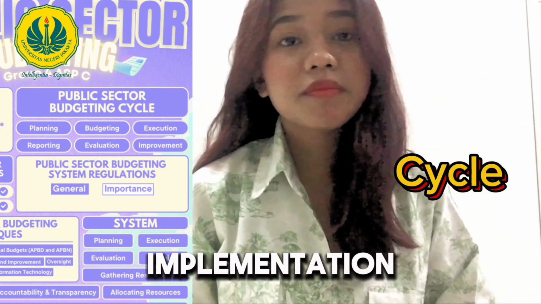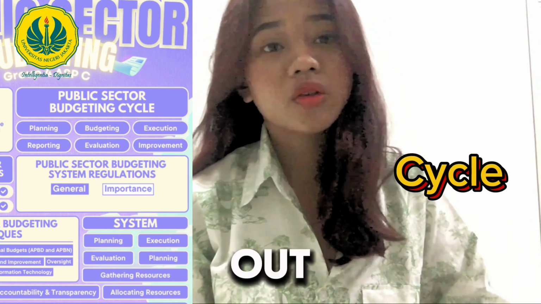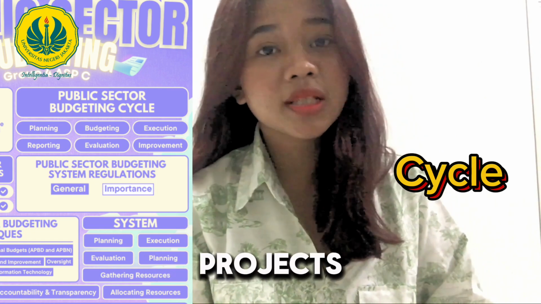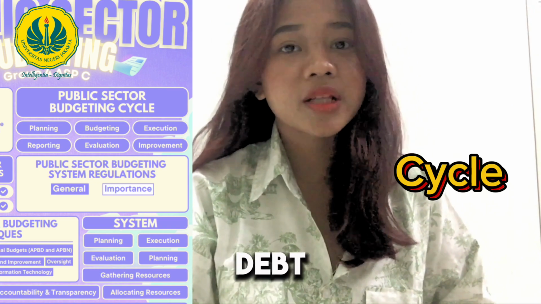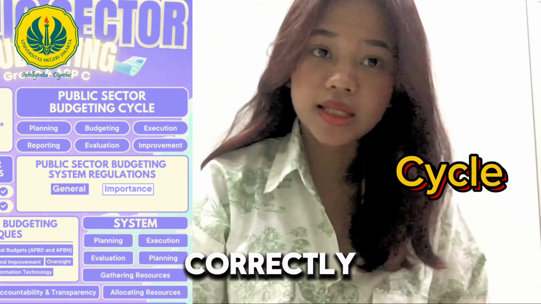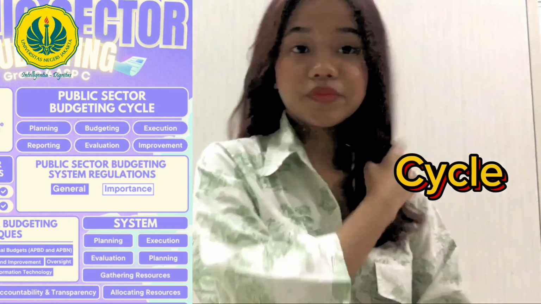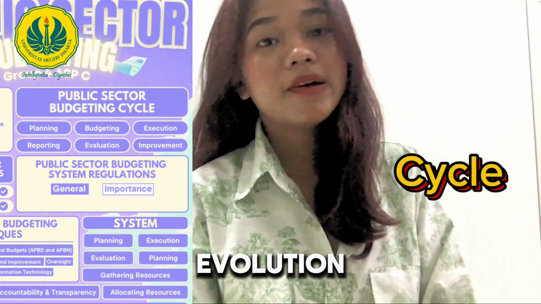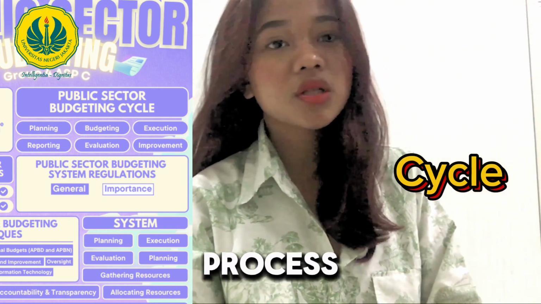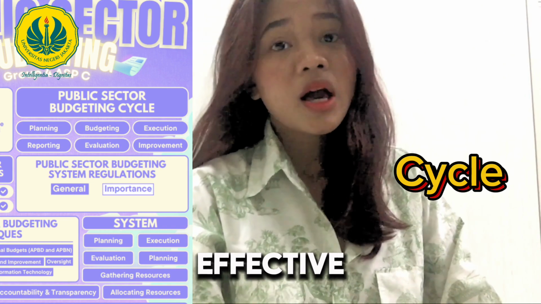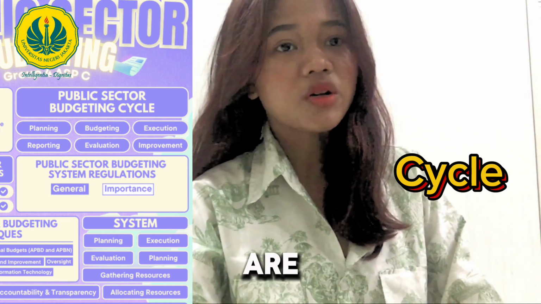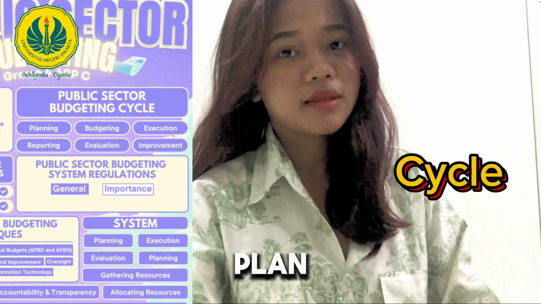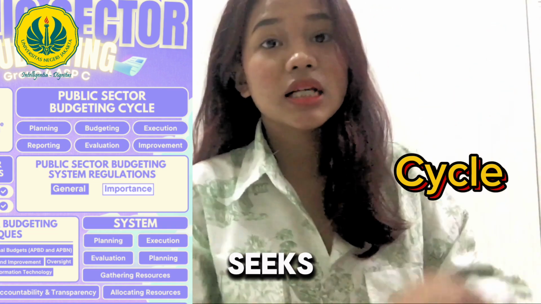4. Implementation includes carrying out the planned programs and projects, managing expenses, and carefully reporting to ensure that funds are used correctly. 5. Evaluation and oversight is the process of assessing the effectiveness and efficiency of programs, ensuring that resources are used according to the budget plan. 6.